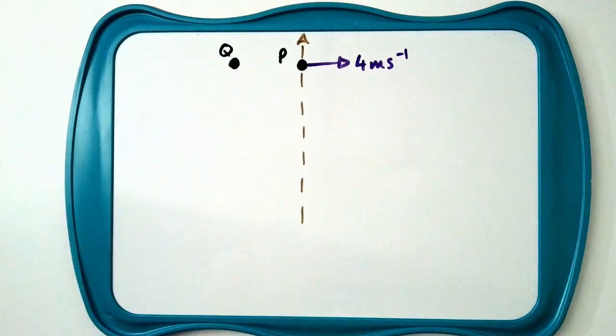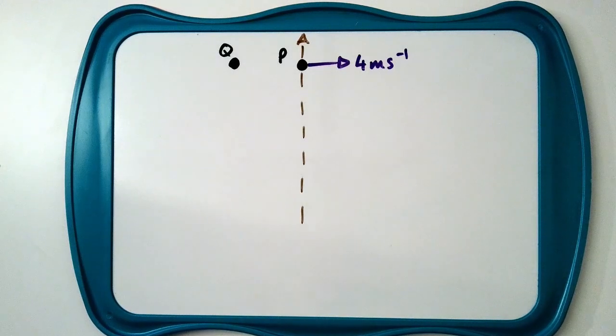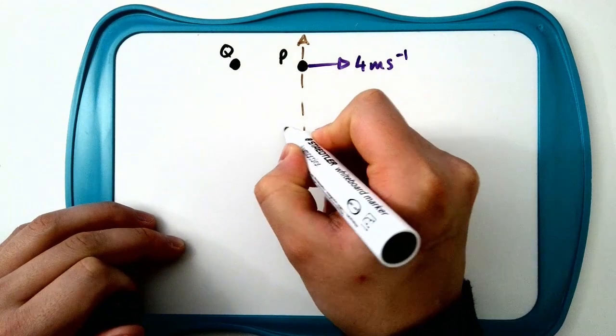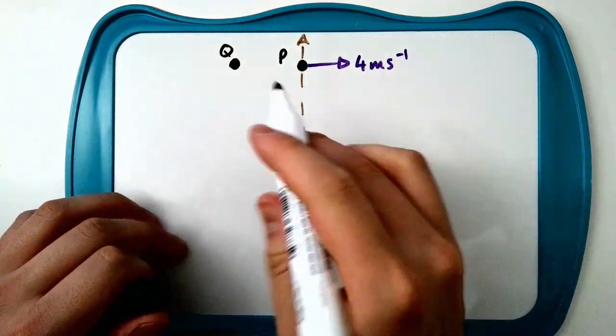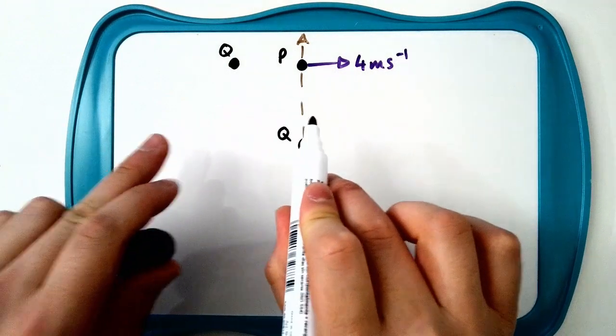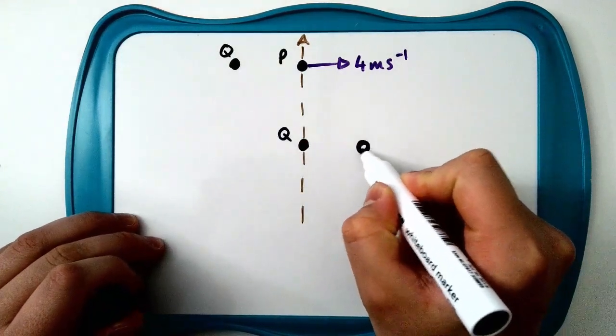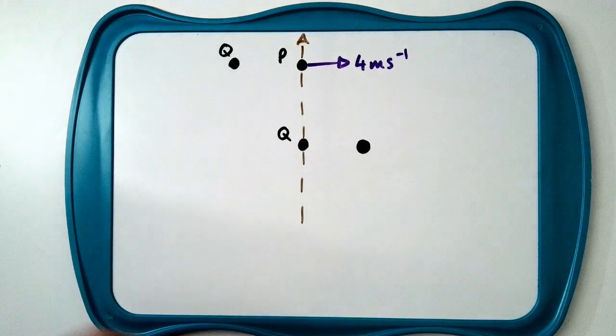Now, in this position, it doesn't actually tell us what the speed of Q is, but it does tell us the speed of Q when the particle Q is passing the point A. And at this point, because they're both moving to the right, I know that P is over here somewhere, and I can also draw on the vector there.